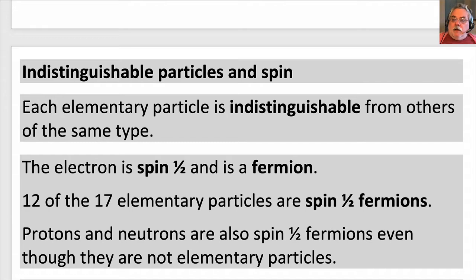Electrons have electrical charge and spin, and together these make the electrons tiny permanent magnets. This property is called magnetic dipole moment. It is the magnetic dipole moment of electrons that makes iron a ferromagnet.